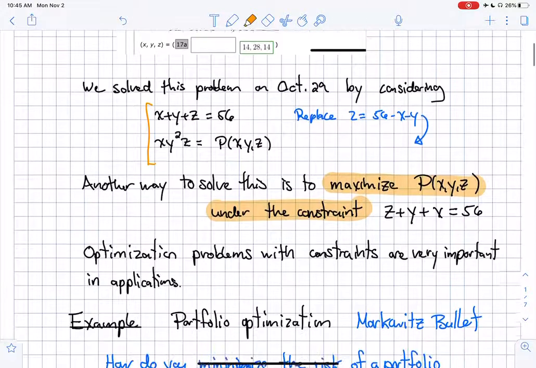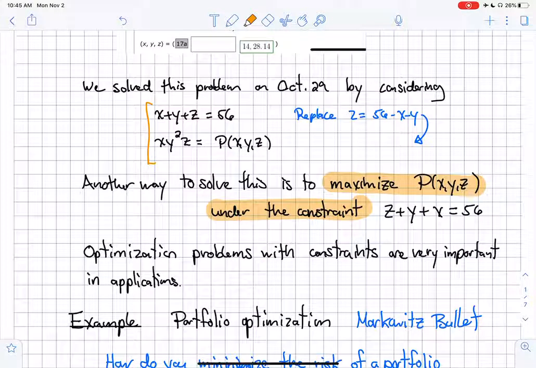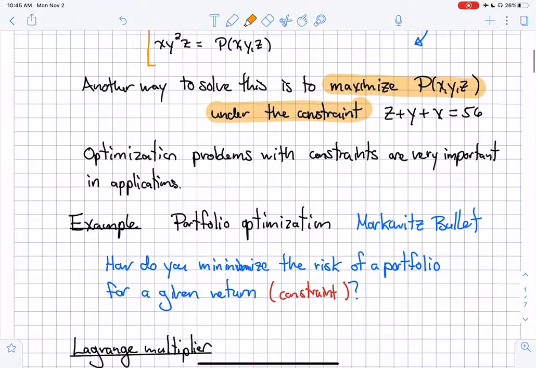Those are very important in application, and let me just tell you one application. I won't enter into details. That's a very important example that is done in Math 4500, and that's relevant to those of you in BSFM. It's an example of portfolio optimization. So what is a portfolio?